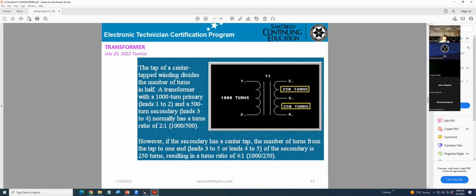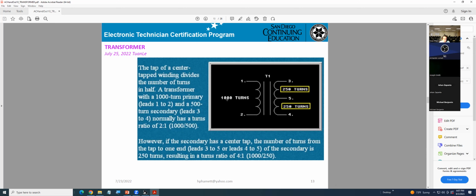However, if the secondary has the center tap, the number of turns from the tap to one end, lead 3 to 5, or lead 4 to 5, of the secondary is 250 turns, resulting in a turn ratio of 4 to 1.